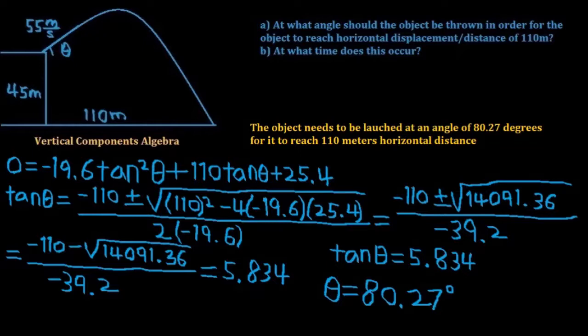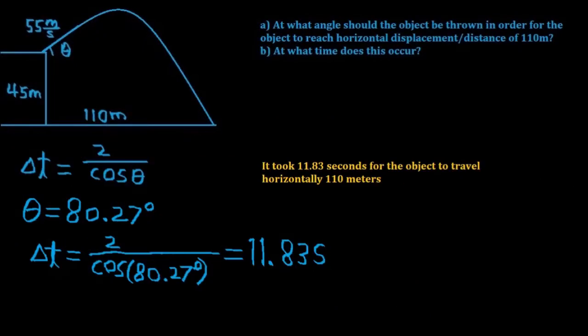And then the other question we're trying to solve is, at what time does this occur? In order to find the time, if you look at it, the time equals 2 over cos theta, and we know what theta is. We just have to plug it in now.